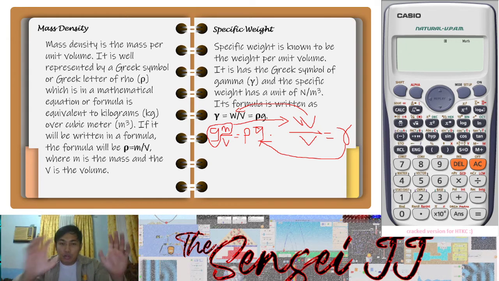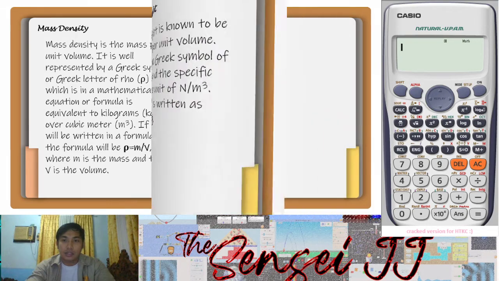If we multiply the mass over volume by gravity, or our rho, our mass density, by gravity, we get the weight over volume, or simply rho times g. This is how gamma is equivalent to our rho multiplied by gravity. I hope this is clear to you, guys. Let's move on to the next.